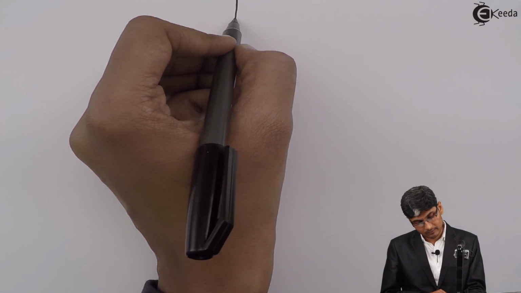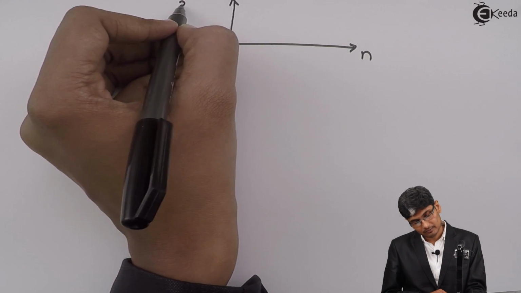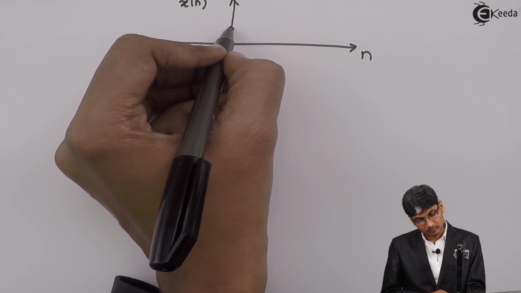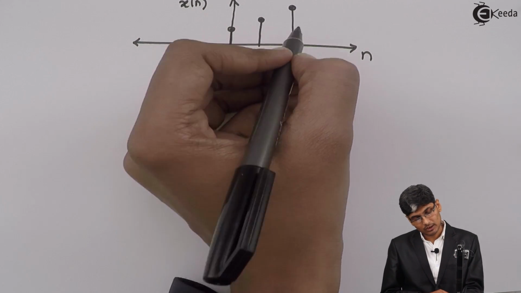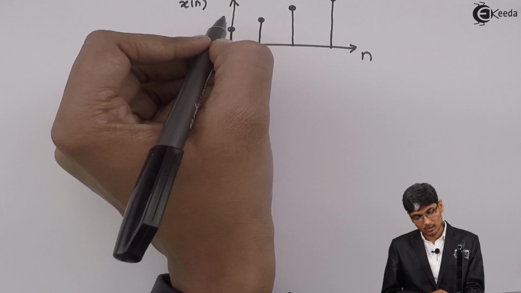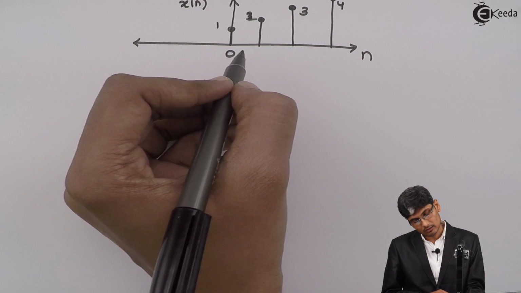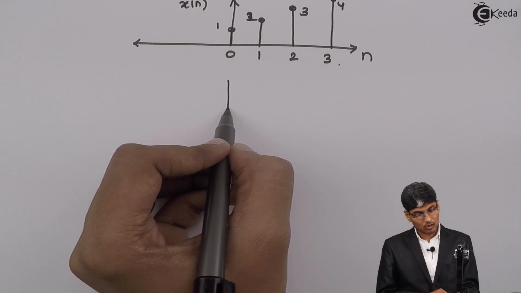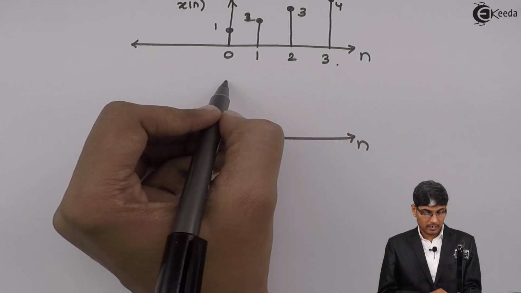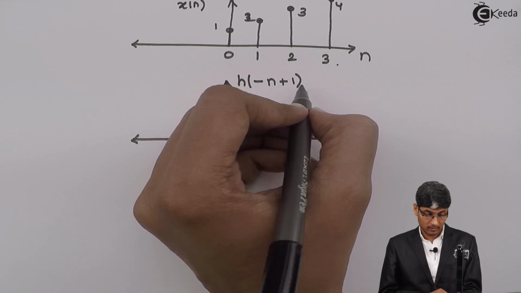I will draw only x of n because that is required for multiplication. X of n is 1, 2, 3, 4, n is equal to 0, 1, 2, 3. Okay. Now, I will draw h of minus n plus 1.